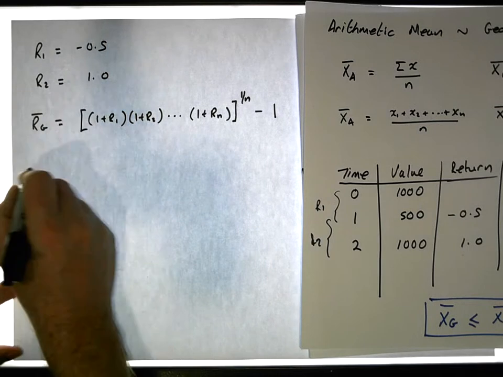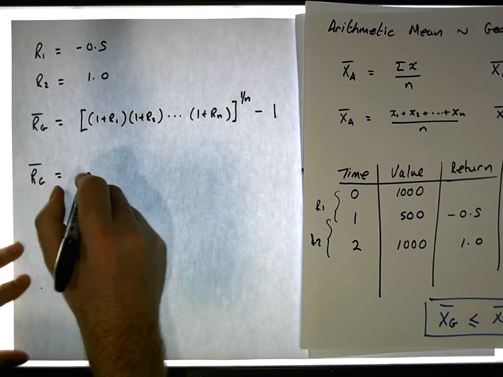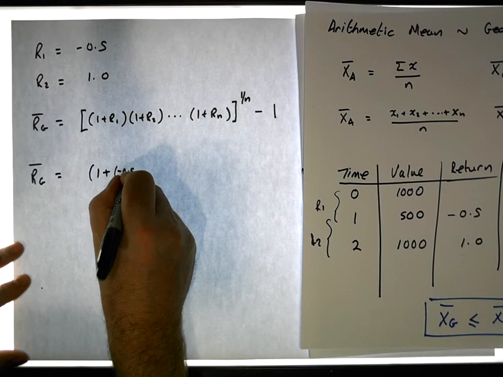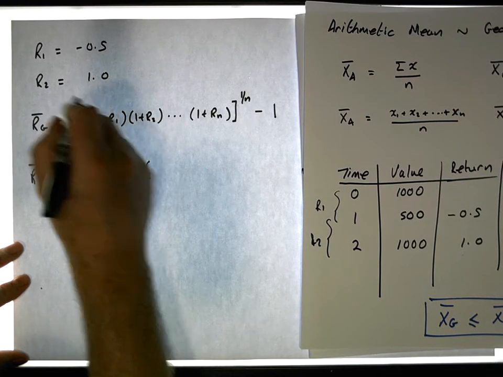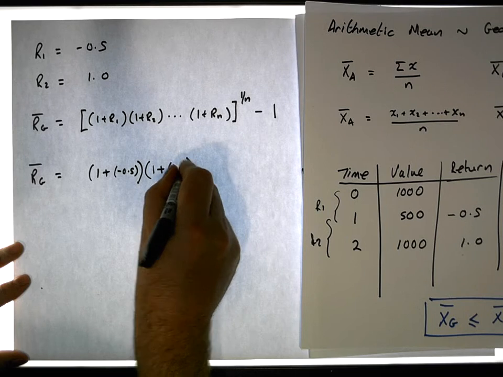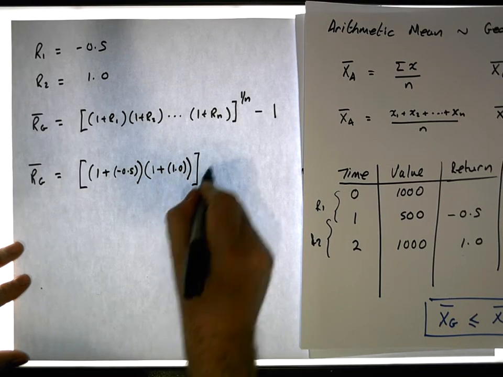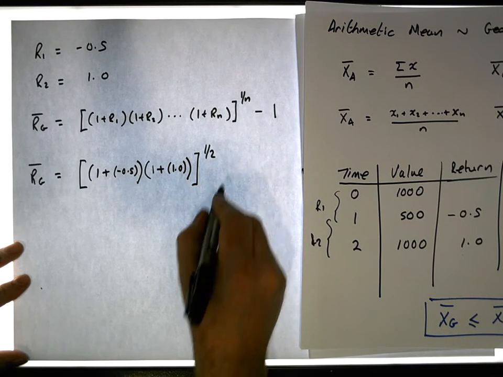So in our case, Rg bar is equal to 1 plus R1, which is minus 0.5, times 1 plus R2, which is 1.0. We've done the two of them, and that needs to be raised to the power of how many of them there are. There are 2 returns, so it's 1/2, and we need to take 1 away from that.